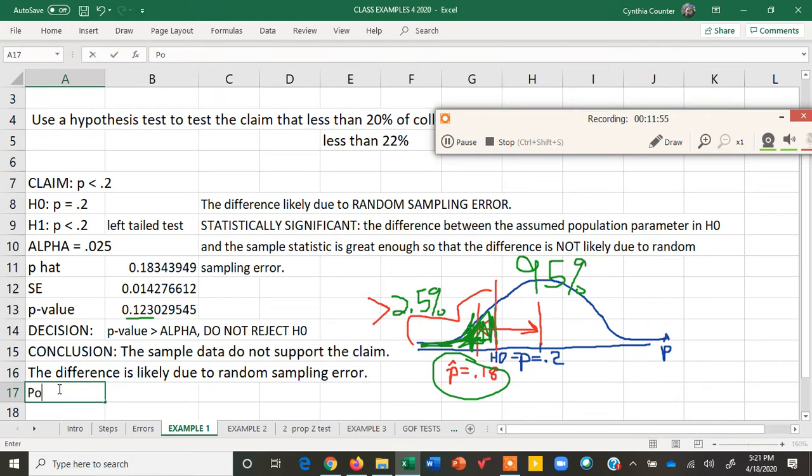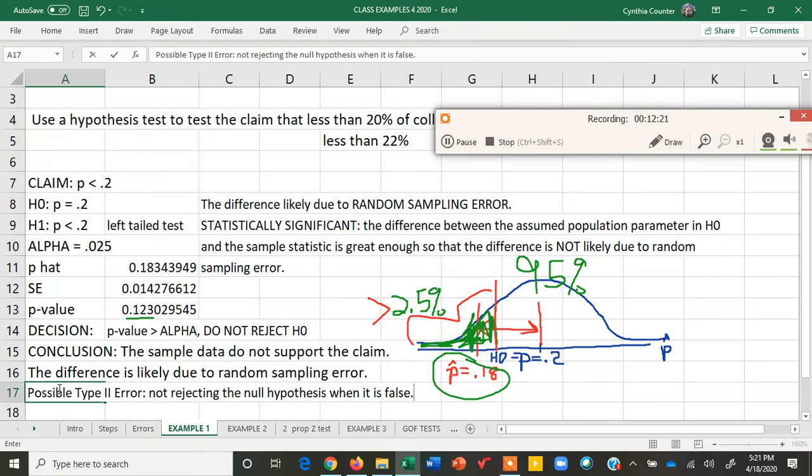So here we have a possible type 2 error, which is, let's put it this way, not rejecting the null hypothesis when it is false.